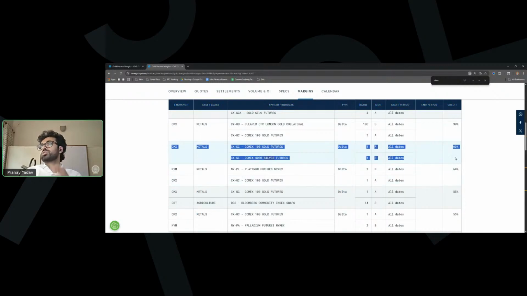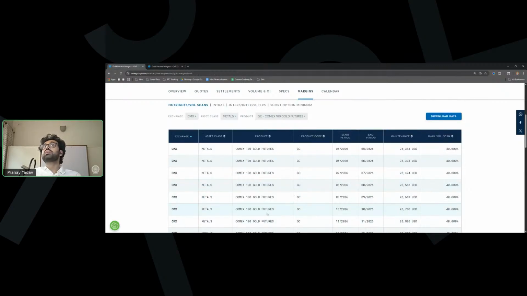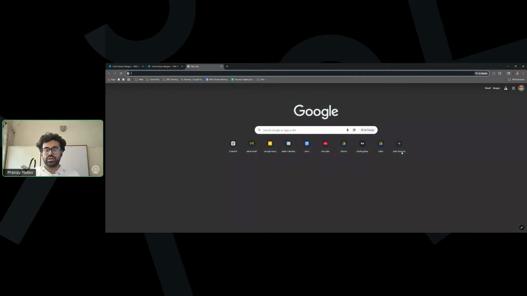Those are these two rows, right? In this case, COMEX 100 gold futures and COMEX 5,000 silver futures, if you spread them together, you can see that the credit that CME as an exchange offers for that type of position is 60%. That means that 60% credit is clearly going to be more than the individual margin requirements for gold and silver together, right?